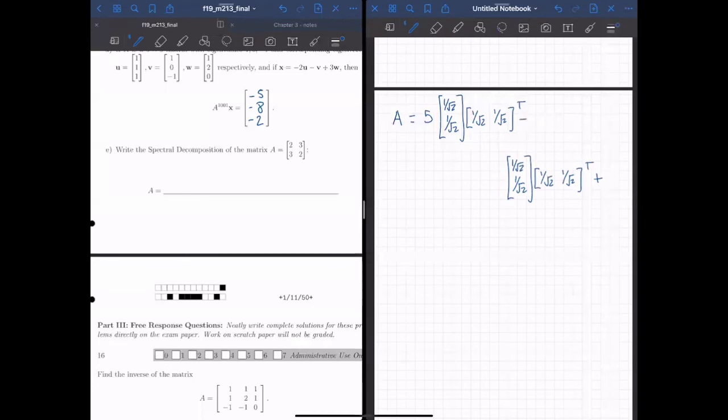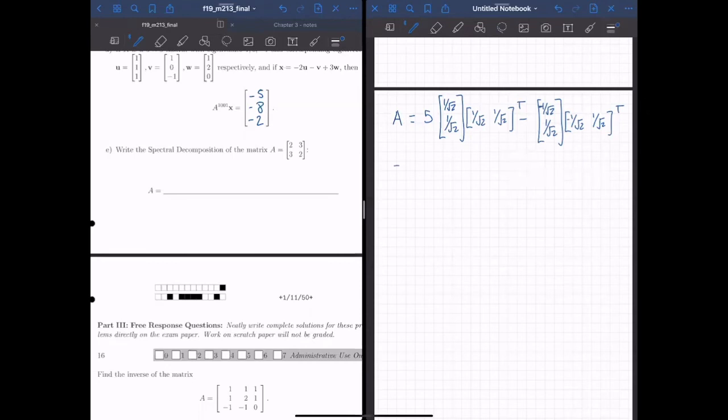So it'll be a -1 times this thing here, and the negative signs show up there. So we've just plugged into our formula.